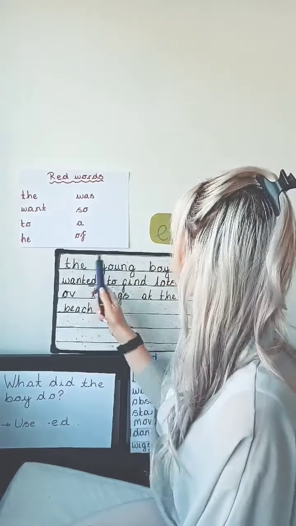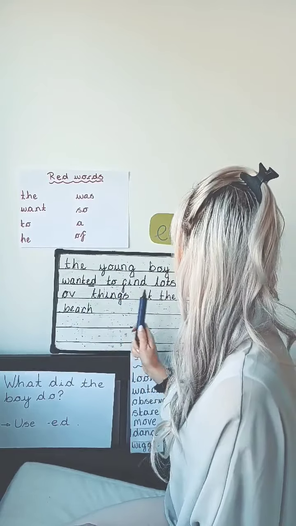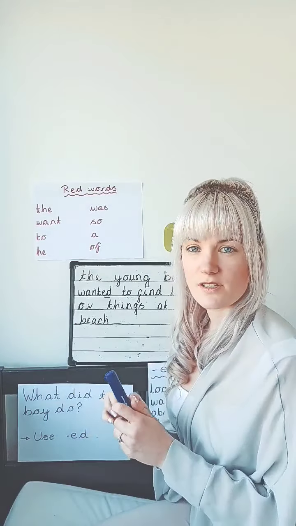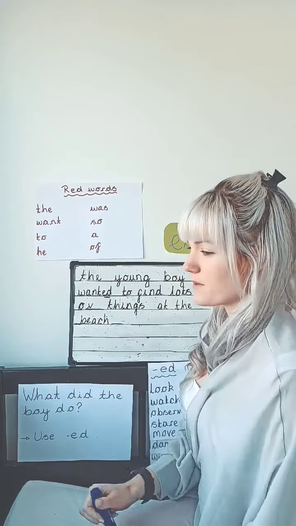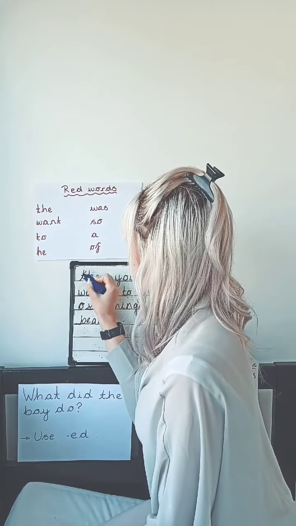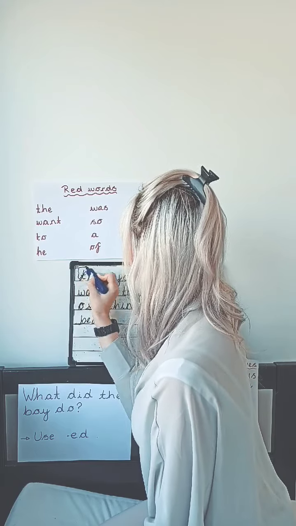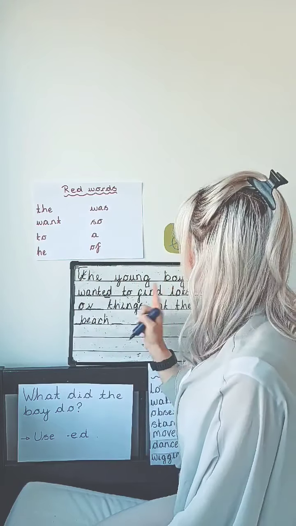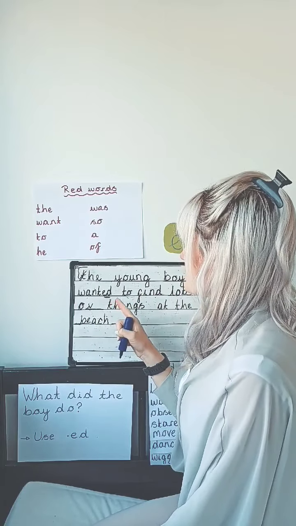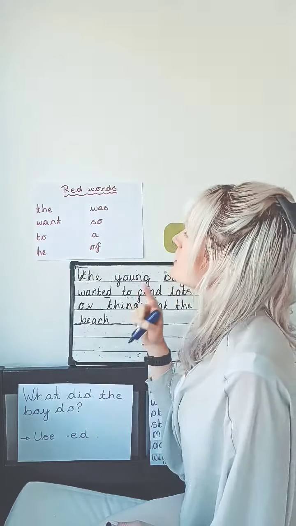Let me just check it back. The young boy wanted to find lots of things at the beach. Oops. I've just noticed something. I forgot my capital letter. So, just like we do in class, we need to put one small line through it and then do our capital letter here. So, the young boy wanted to find lots of... Of is actually a red word.